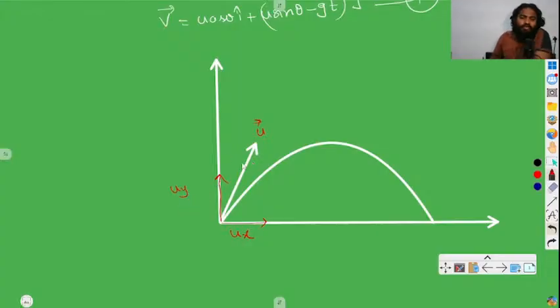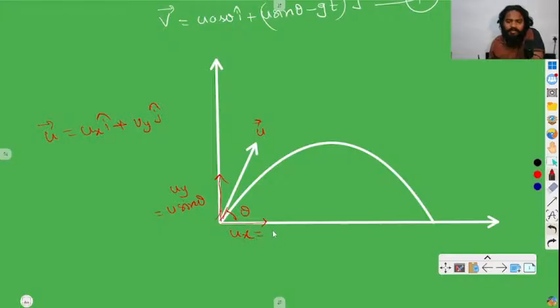I can write u bar is equal to ux i cap plus uy j cap. Here uy is equal to u sin theta, because the initial velocity vector is making an angle theta, and ux is equal to u cos theta.